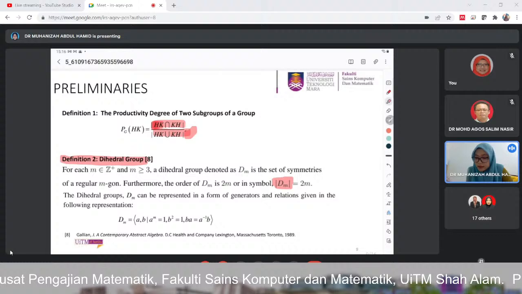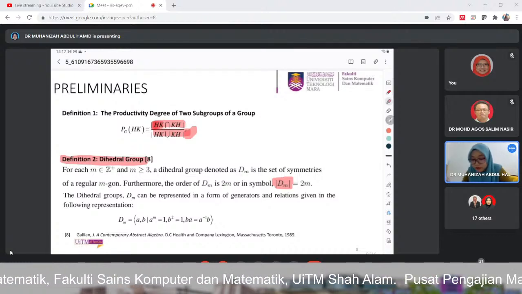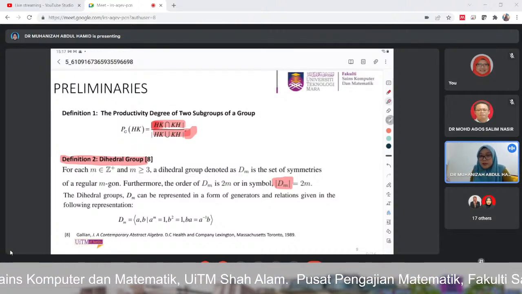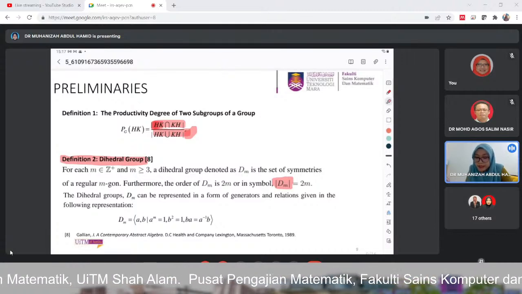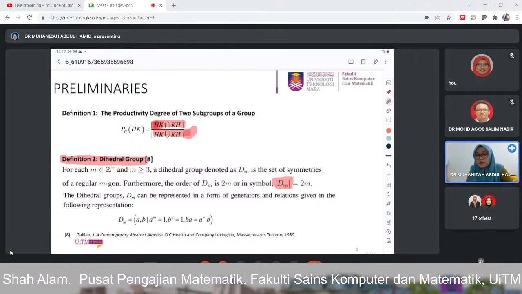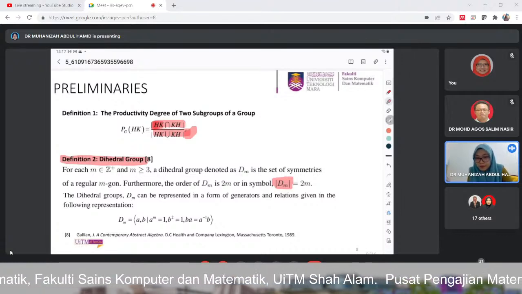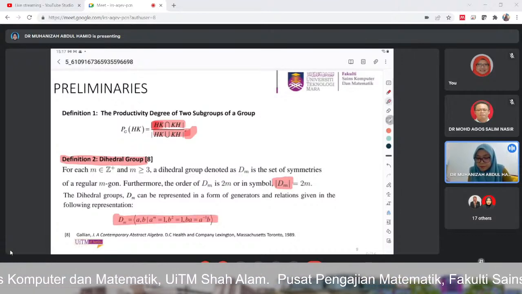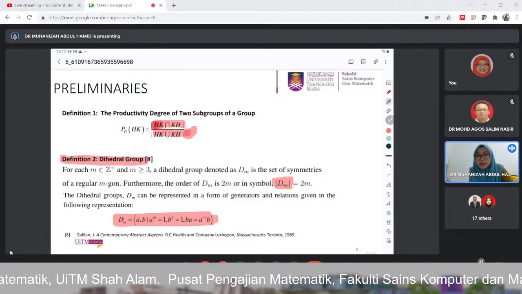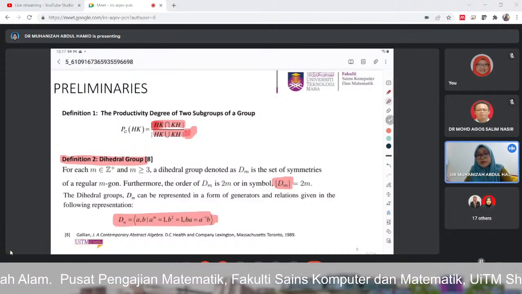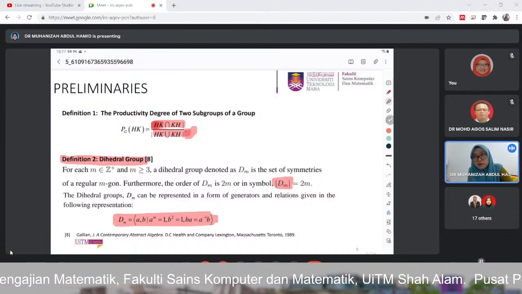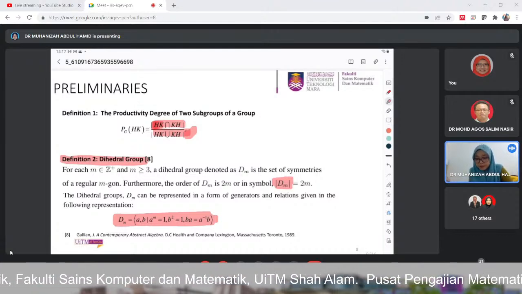This is the notation of the order of the dihedral group. And it can be represented in a form of generators and relations given in the following representation. So we are going to apply this group representation to determine the elements of the dihedral group for each order.